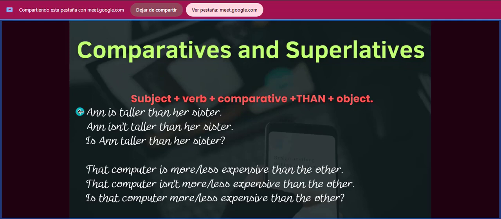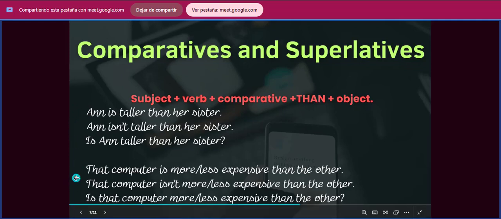So for example, we can say an affirmative sentence, Anne is taller than her sister. A negative sentence, Anne isn't taller than her sister. And in the case of the question, we do the same thing, subject-verb inversion. Is Anne taller than her sister? And as you can see, we have examples of the three forms: affirmative, negative, and question.